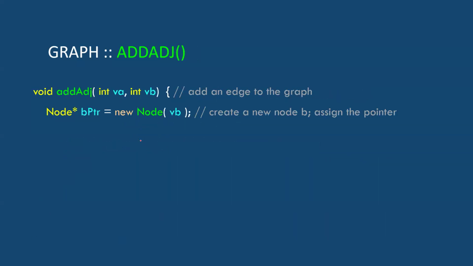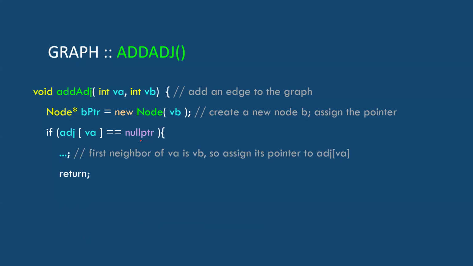Okay, so digging down into that one, what's going on there? We create the VB, right? That's a pointer. We say, okay, if the head is null for that particular VA, just hook it up, right? Just like pushing in at the top of a stack. So that's some really easy code there, okay?